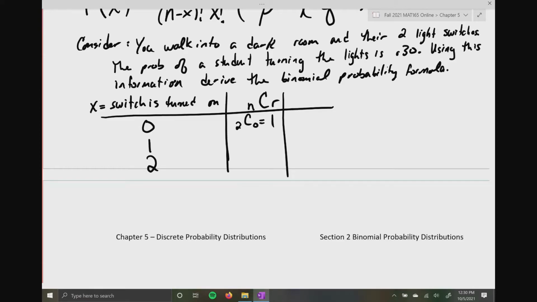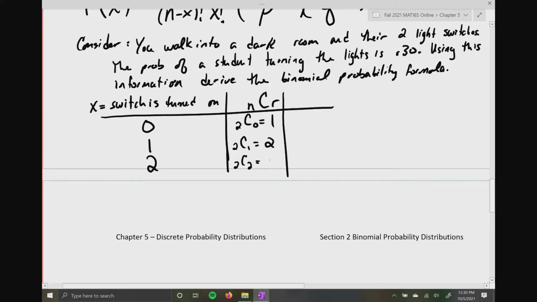Now for the next situation, we can have 1 switch on, 1 switch off for the first case, or the second case, first switch off, second switch on. So this is going to be 2 choose 1, or 2 possible outcomes. And then with the third situation, this is going to be 2 choose 2, or how many different ways can you have 2 light switches and you have both of those switches on?